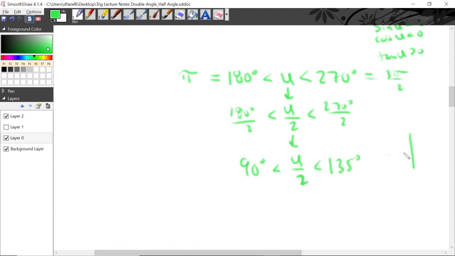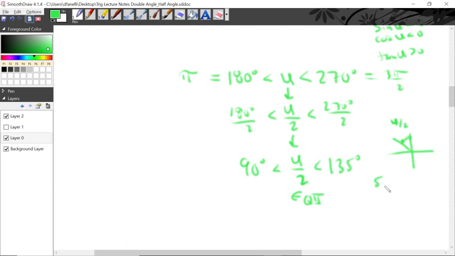So what quadrant does that mean that u over 2 would be in? 90 degrees to 135 degrees, that would be somewhere between the y-axis and this line right here, represented by the equation y equals negative x. So this is where we would be. And if u over 2 is in that region right there, then u over 2 is in quadrant 2. All right? It is clearly in quadrant 2.